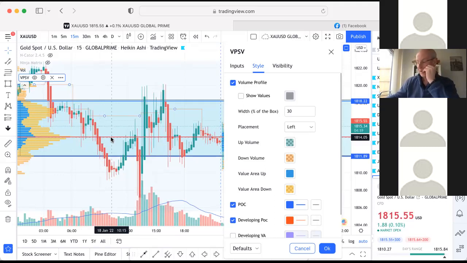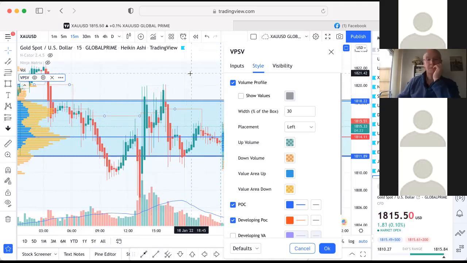It's a thicker red line where my cursor is now. But you also got a developing one. As the day went on, it started off up there and then it came down and down, and then it went back up and then it came back down again. So if you're doing analysis of the volume, the changing volume profile, that might be useful too.